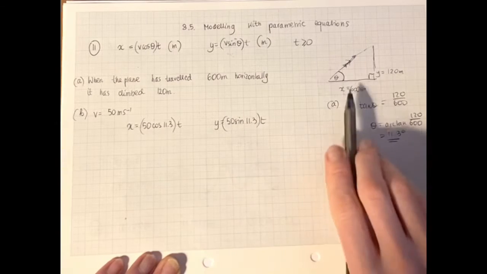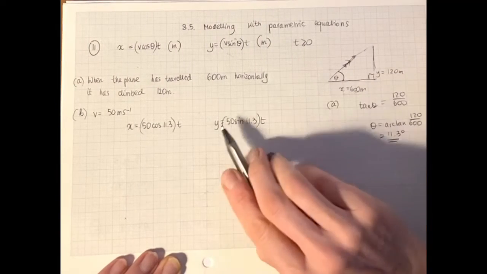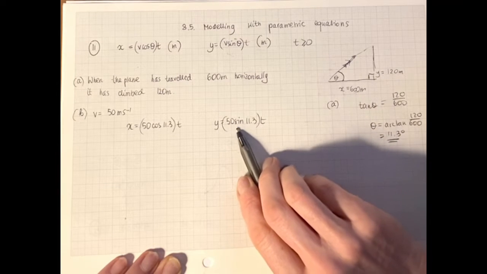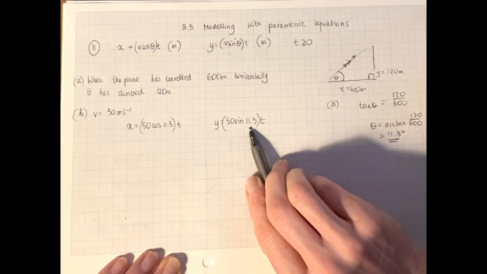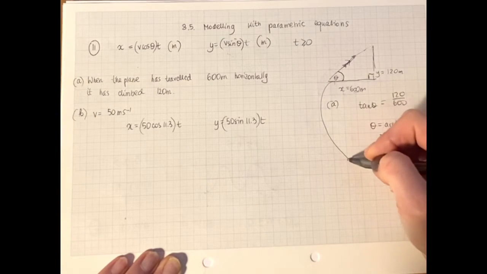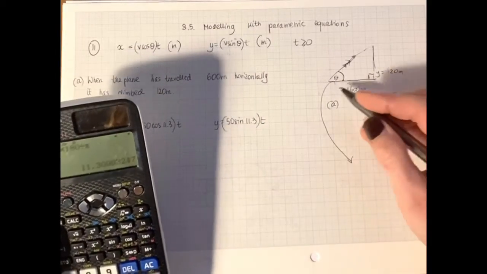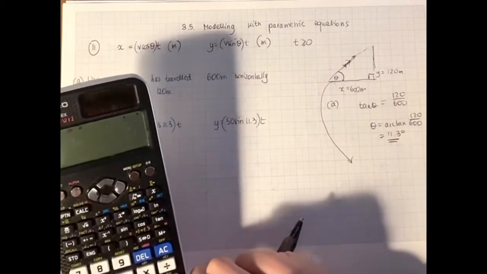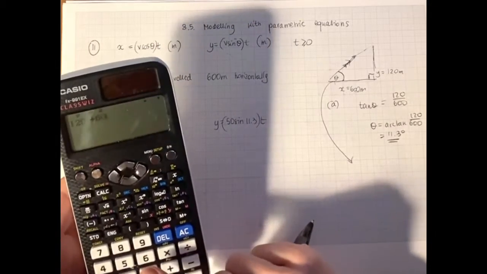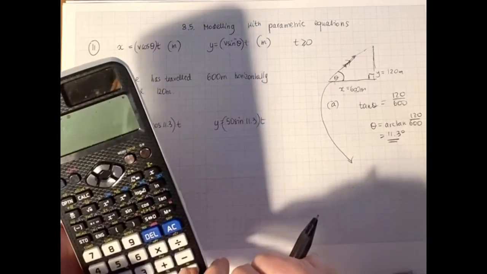Now, since you know how you found the angle of 11.3, you can actually write down the exact value for sine of that angle and cos. So just in case you do need it, in this simple triangle, let's find the hypotenuse by doing 120 squared plus 600 squared and square rooted.